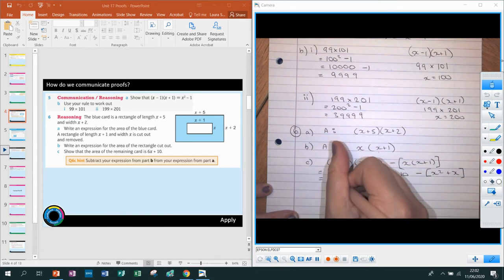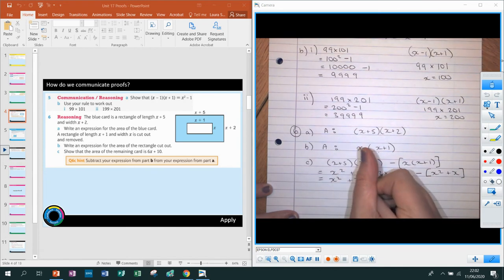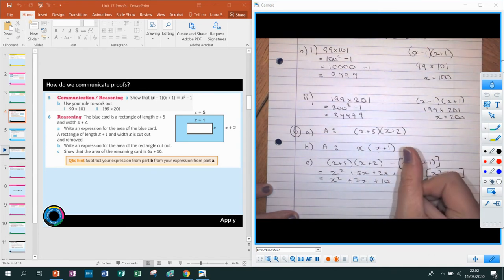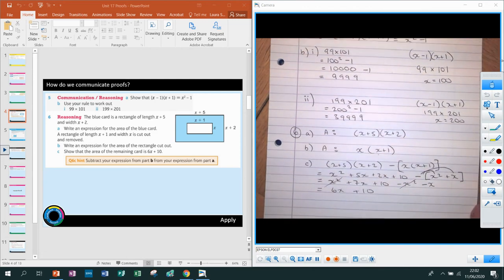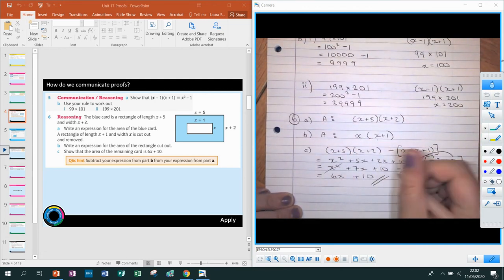That actually becomes x squared plus 7x plus 10 minus the x squared, because that distributes, and also minus x. Those cancel. And we get 7x minus x, which is 6x, and then plus the 10. And we've shown it.